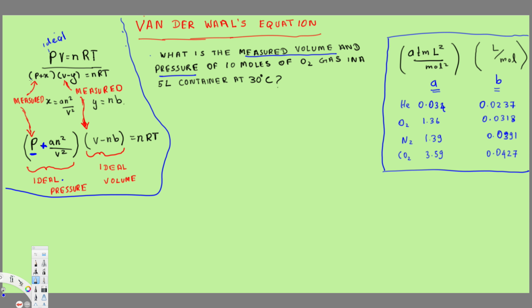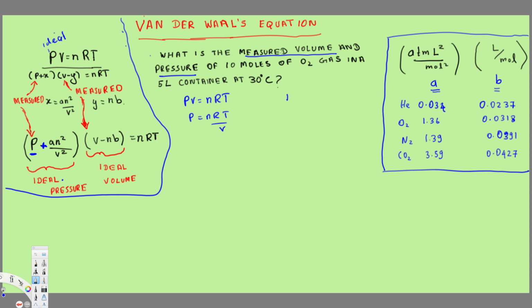So let's calculate the ideal pressure first. To find that one, I am going to use the ideal gas law, that is PV is equal to nRT. So P is equal to nRT divided by V. Here they have provided the moles, so let's list all the values they have given.